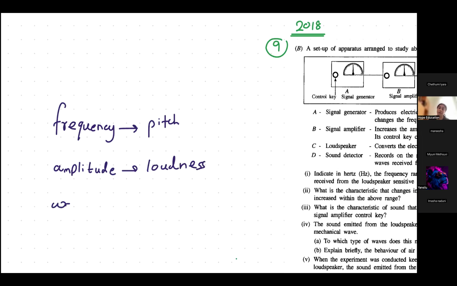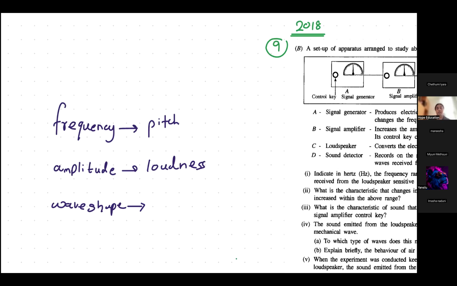Wave shape, that means shape of the wave. What does it relate to? Not loudness. Not pitch.